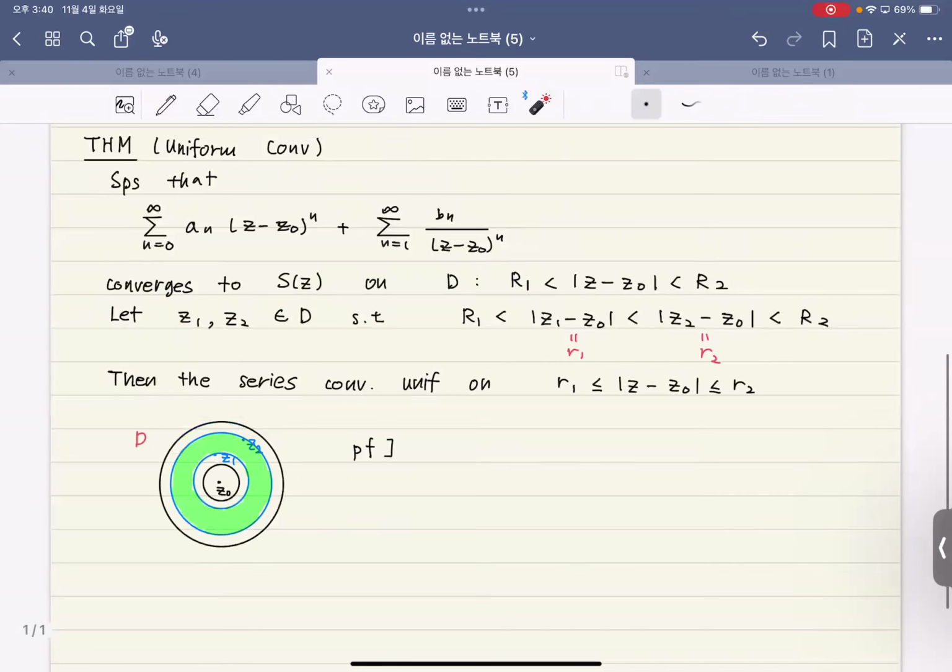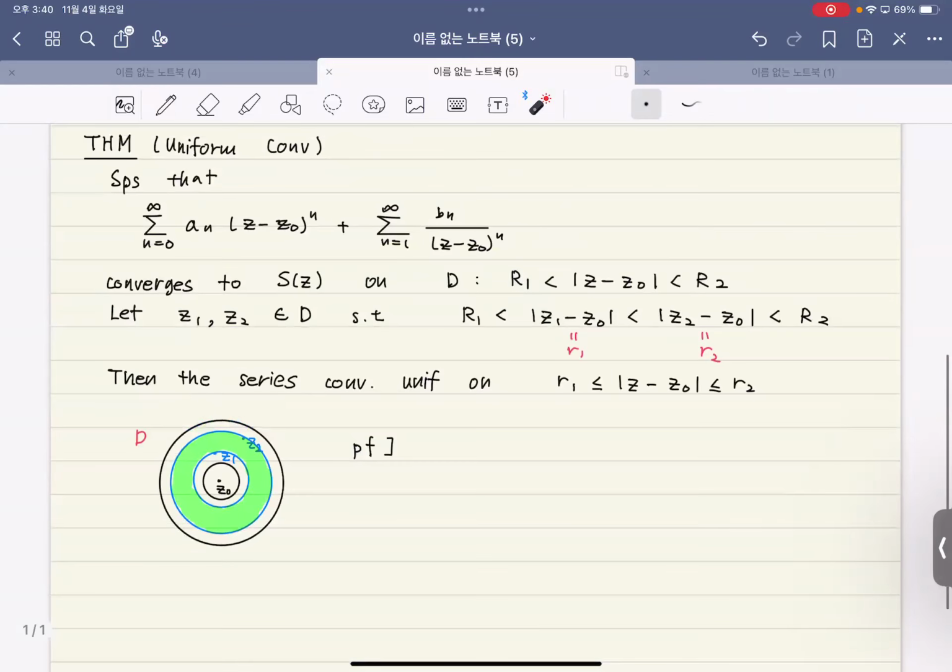If I go back to your assumption here, then we already know that this series is converging, but this S of Z consists of two terms. This is infinite series number 1, and this is infinite series number 2. The sum of these two infinite series being convergent means, if and only if, this one is convergent and that one is also convergent.